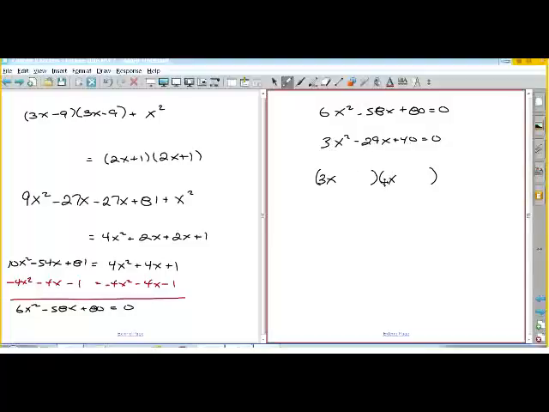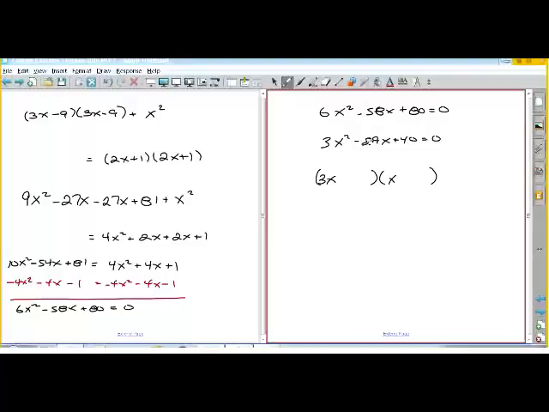If you can find integers, this has to be 3x and this has to be 1x. 1x times 3x is 3x squared. And then these can be any two factors of 40: 1 and 40, 2 and 20. What would be next? 5 and 8. 4 and 10.